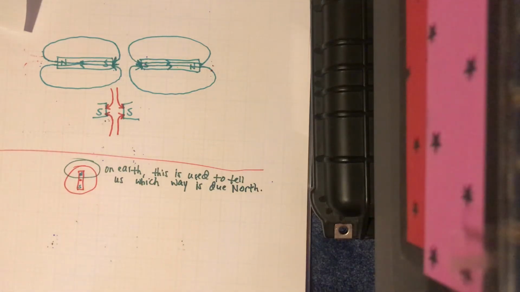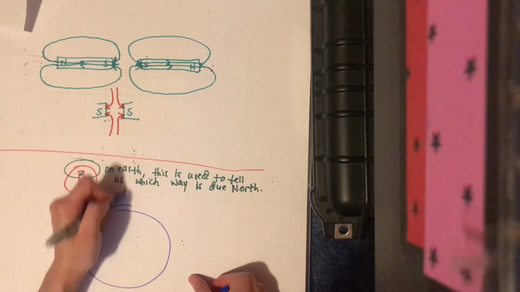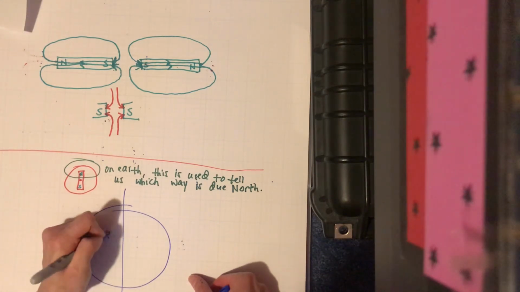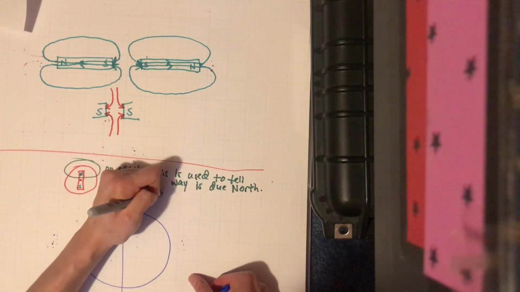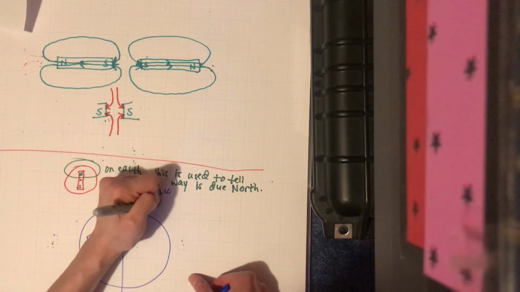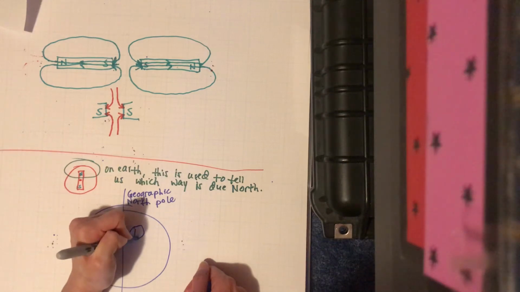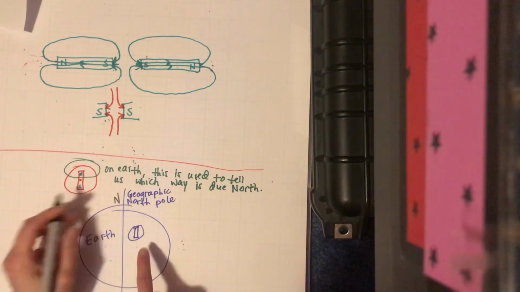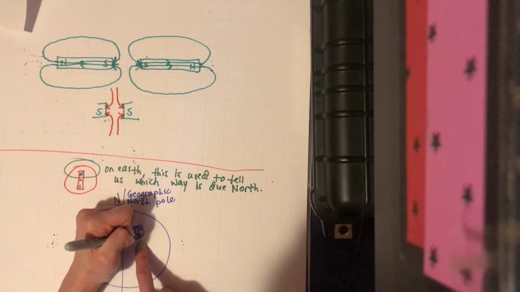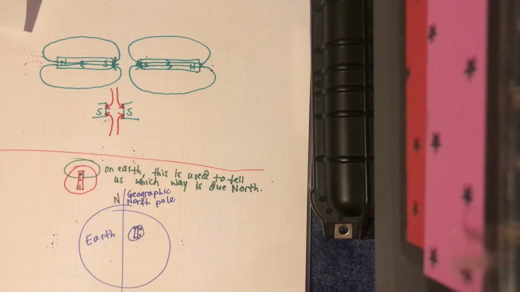Right? But this is actually confusing because the north pole on our compass is attracting to the North Pole of Earth, right? So geographic North Pole. How is north on the compass attracting to north on Earth, if we know that like poles are supposed to be repelling each other?